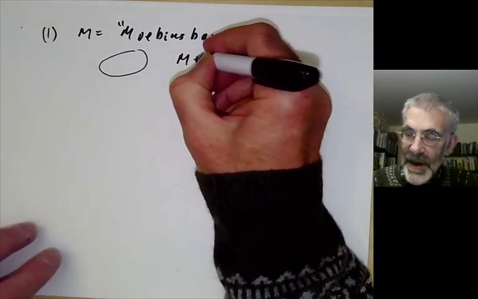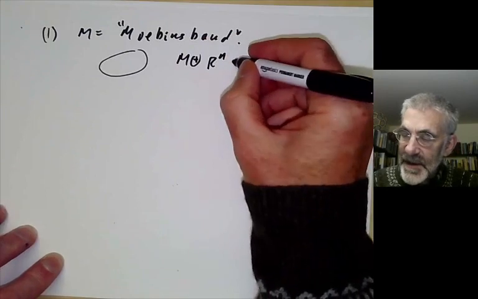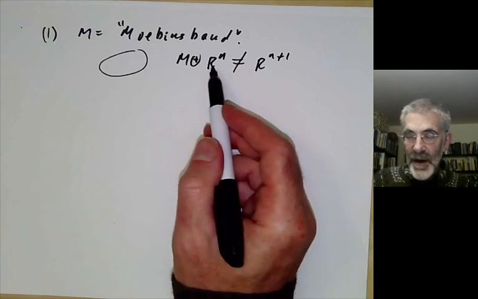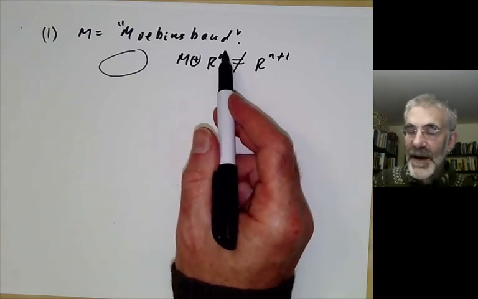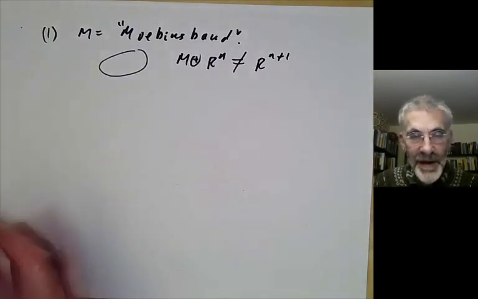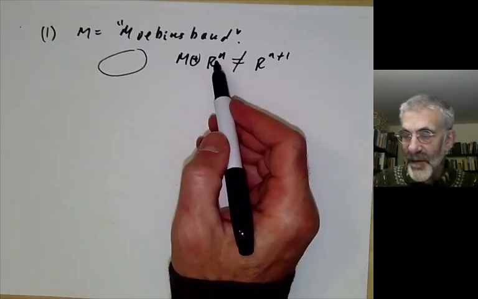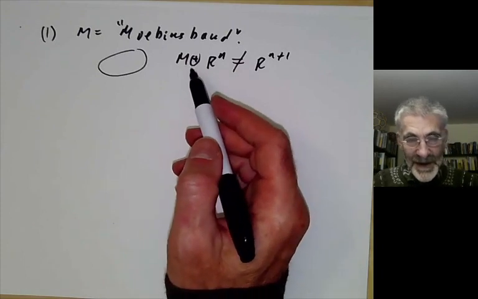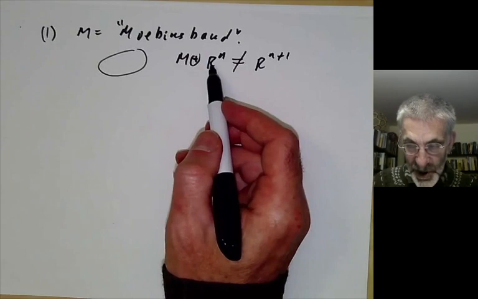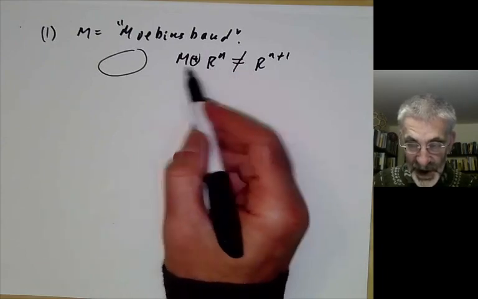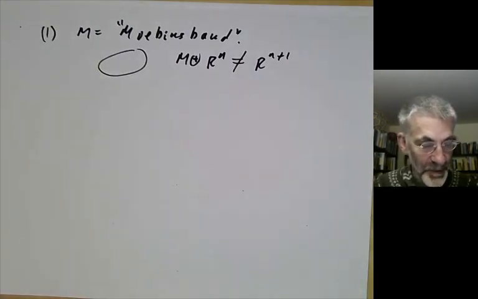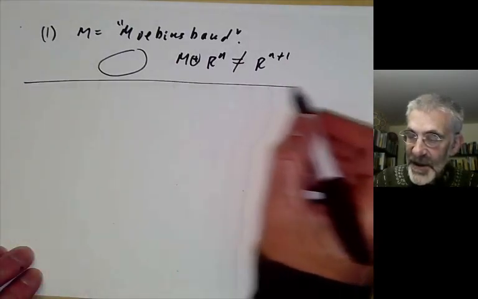So M plus R^n is never going to be R^(n+1). Notice that if you added an infinite number of copies, this argument wouldn't work anymore because you can't define the determinant of an infinite matrix. This proof assumes we can define the sign of the determinant of a matrix, which works provided n is finite, but not if n is infinite. So that's an example where you can't.